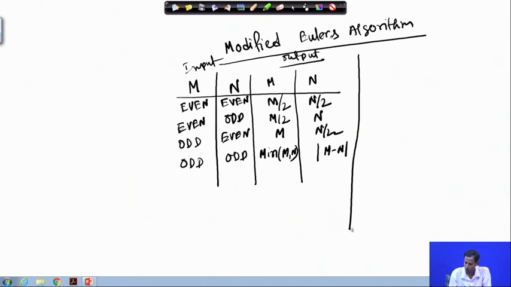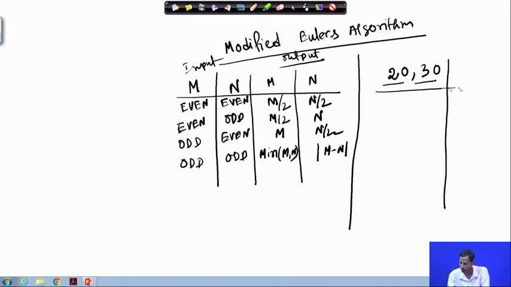So, let us consider the previous case, 20 and 30. In this case what will happen? Twenty and 30 means both are even.